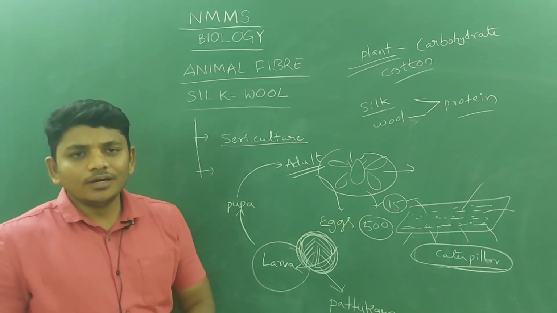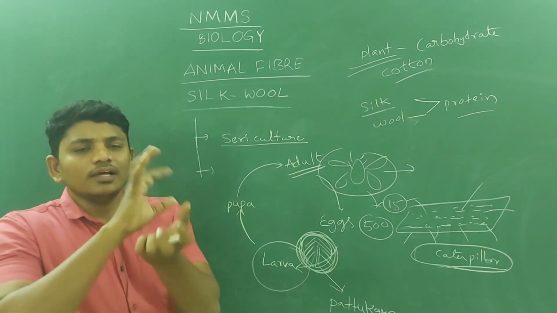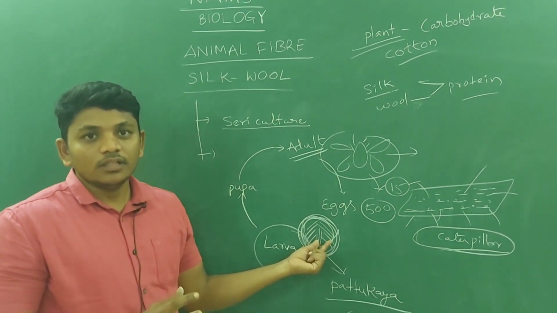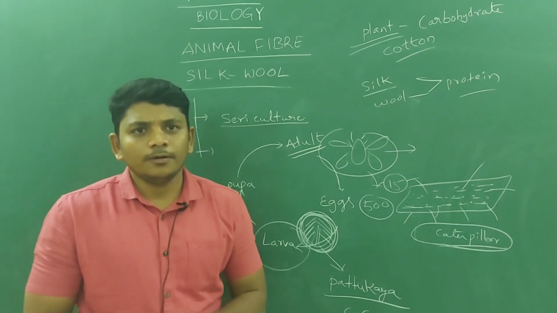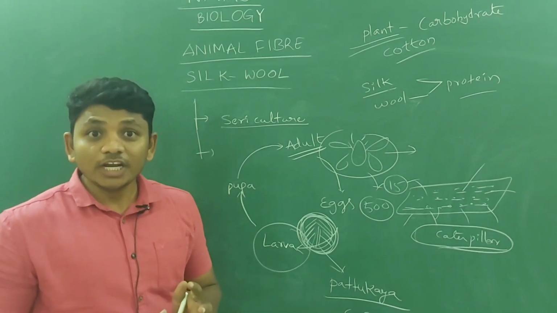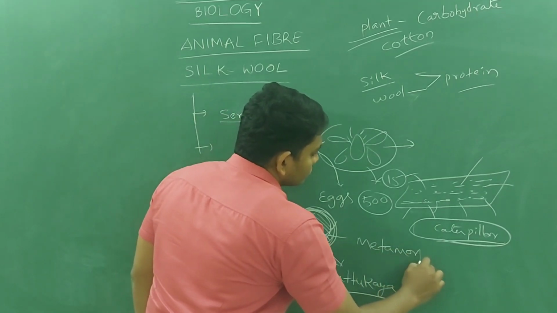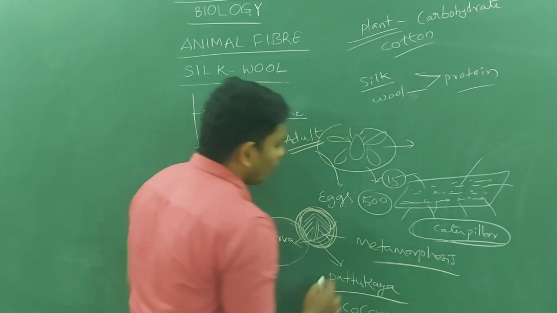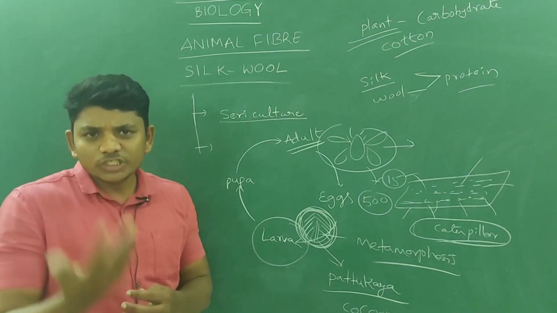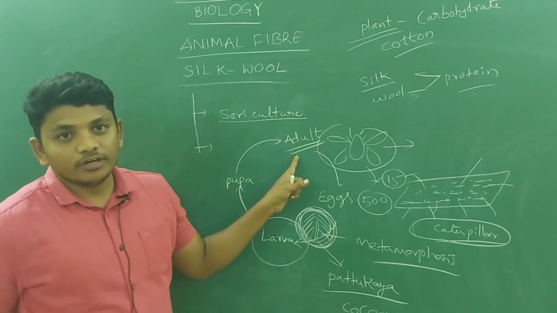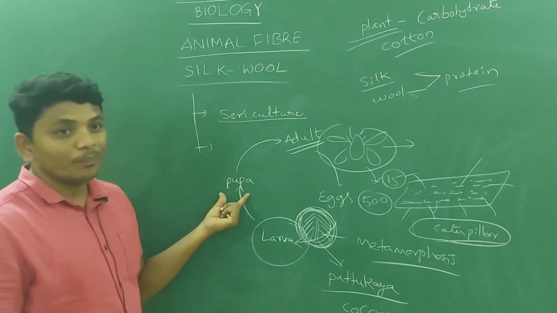When the caterpillar has completely woven the entire fiber-like structure, then it starts what we call metamorphosis. This caterpillar changes its body like an adult one. Then the caterpillar is called a pupa.